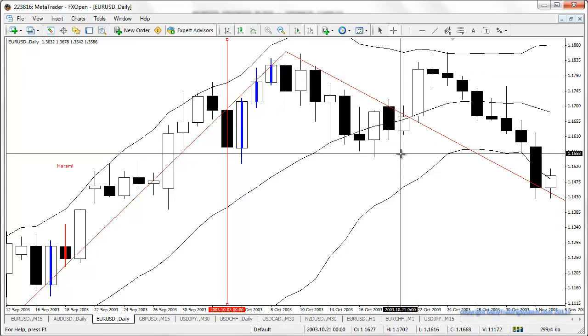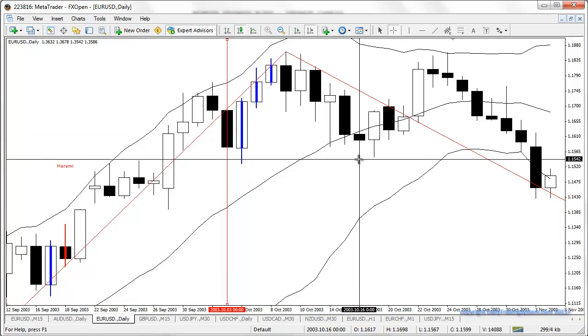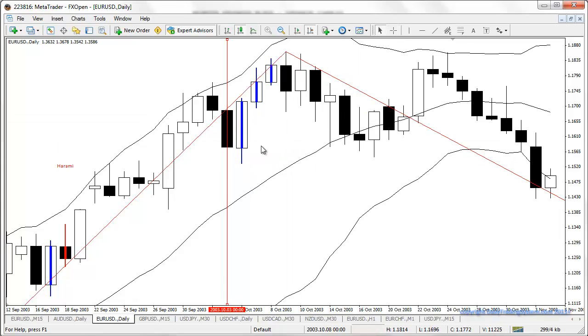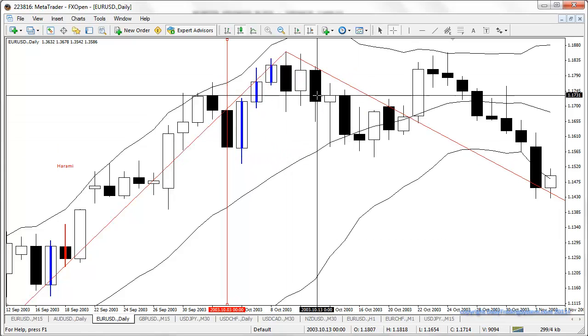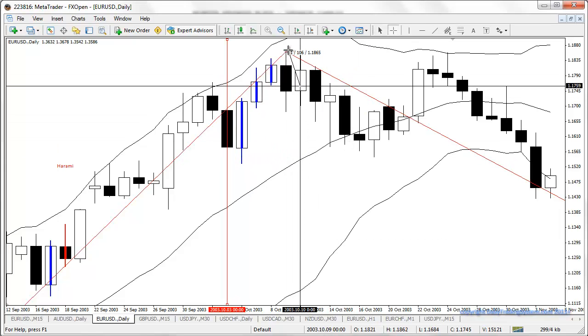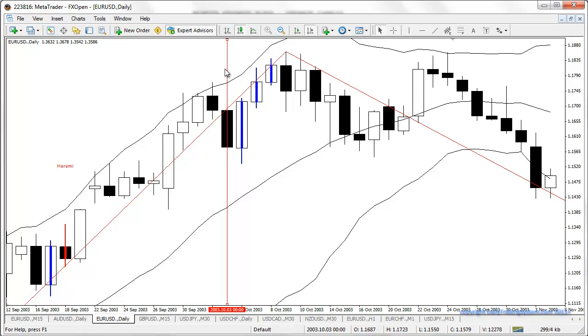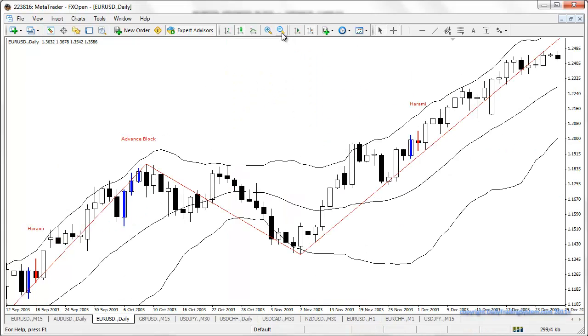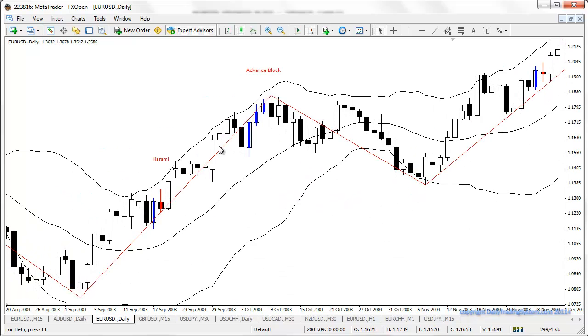I would normally wait for about 3 to 5 days, and then see what happens. More often than not, it does actually come through in your favor, and that's a pretty tight stop loss as well. You're looking at around about 100 pips, so I would look for like a 200 pip gain. That's 200 down the bottom there, so that would work out to 2 to 1. So that's your advanced block.